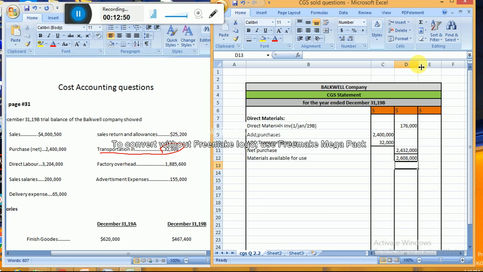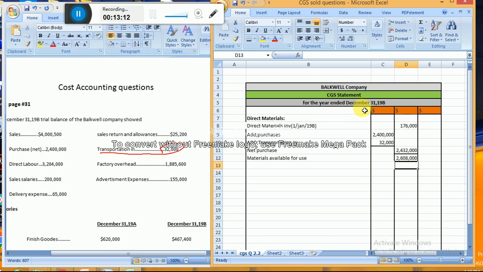In the year 19B, we have the $26,08,000 material. Now today is the end of the year 19B, 31st December, as you looked out here.